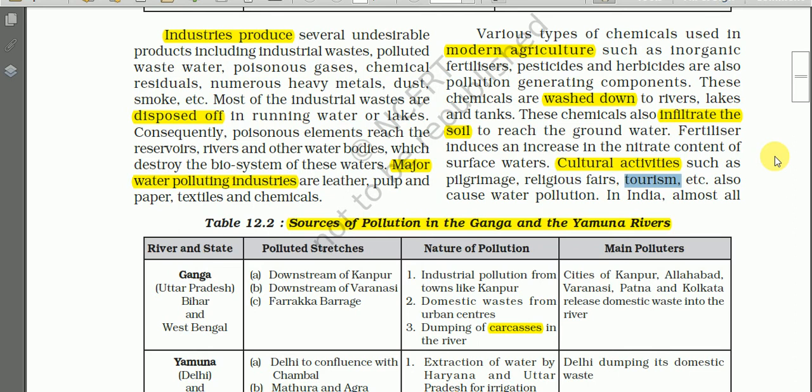Among these three, industry is the most significant contributor. The main culprit is the industry, and next we have agricultural activities, then cultural activities. So these are the important causes of water pollution.